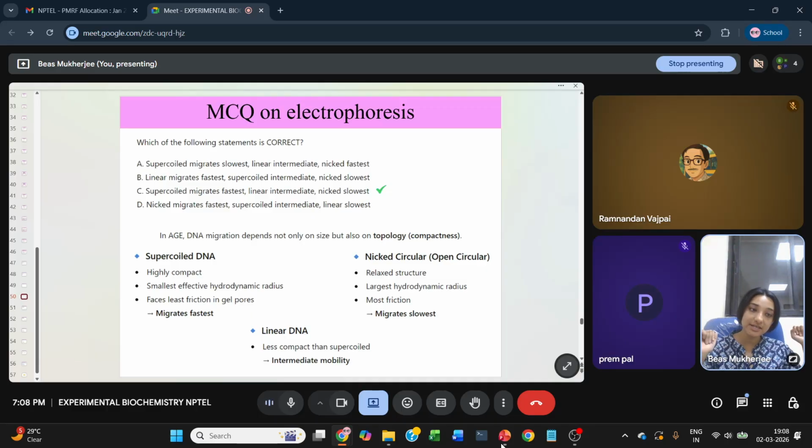So it has become linear. But in nicked circular, so one strand is circular, the other one is nicked. Then what happens? It is migrating the slowest. Okay. So that is because agarose gel electrophoresis also takes into account the compactness or the topology or size of the DNA.